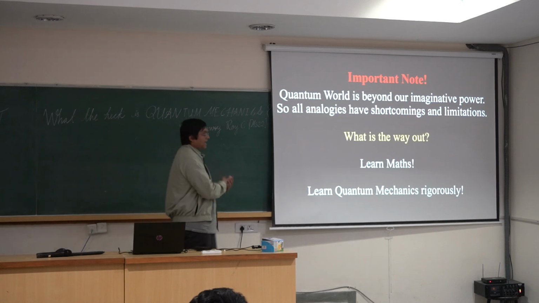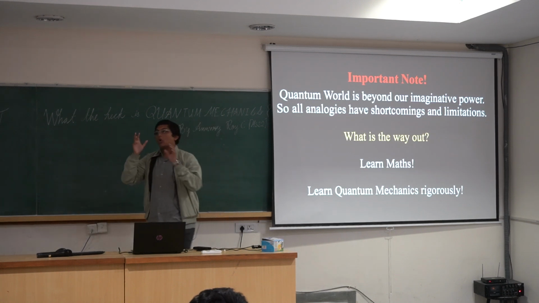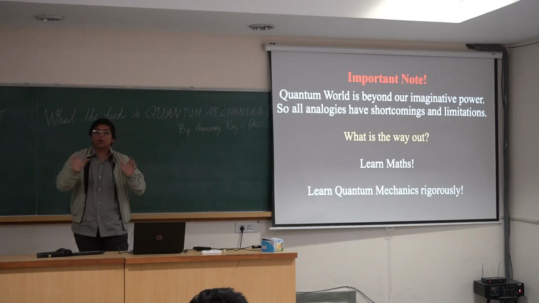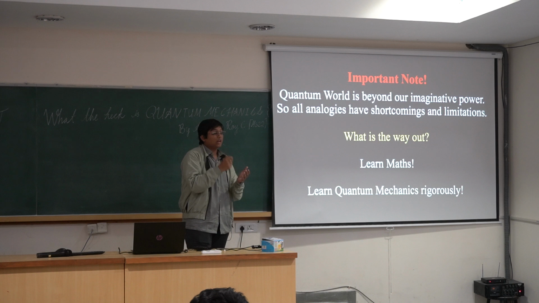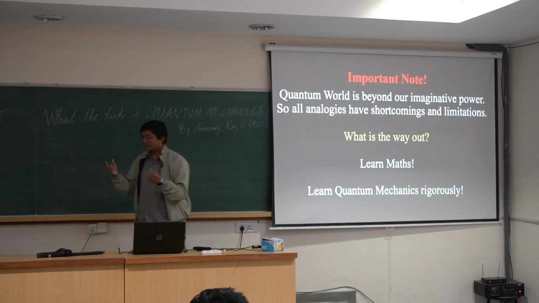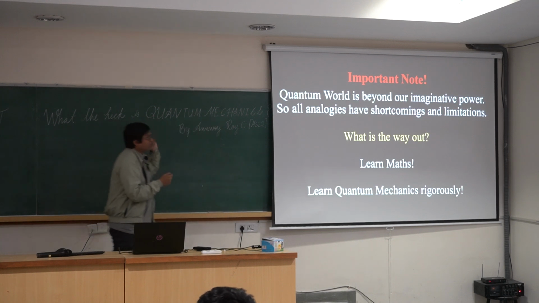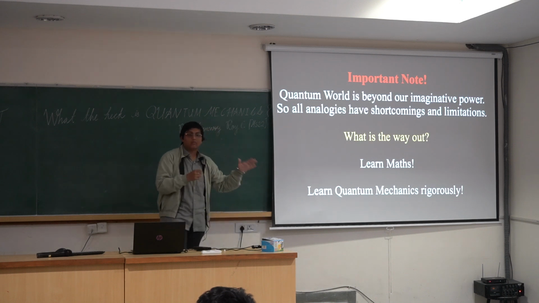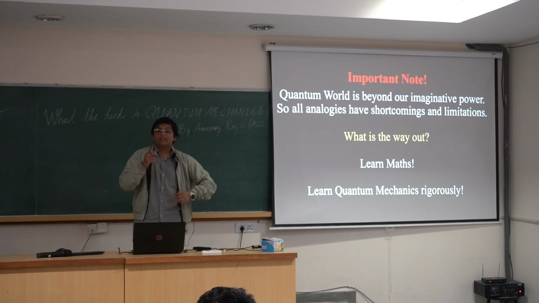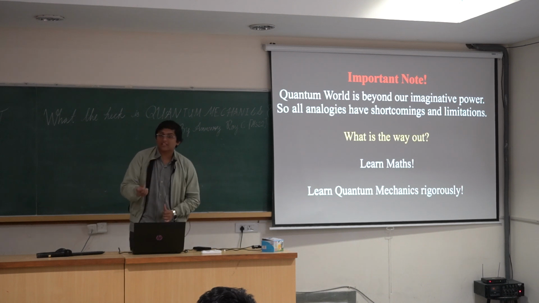You have to learn the maths behind all the necessary things in quantum mechanics, the rigorous maths. You have to understand it rigorously. But how will it help me? I can visualize it in terms of the inelastic string, in terms of cat, in terms of chameleon, in terms of whatever I want. But there's also a visualization process based on mathematics.